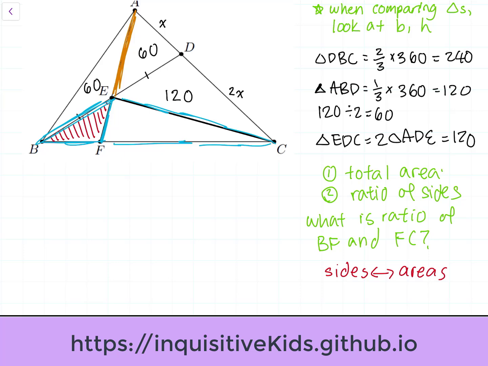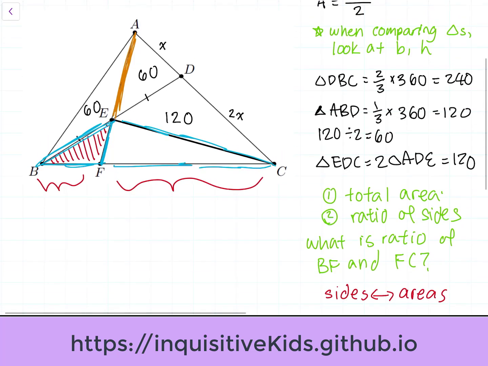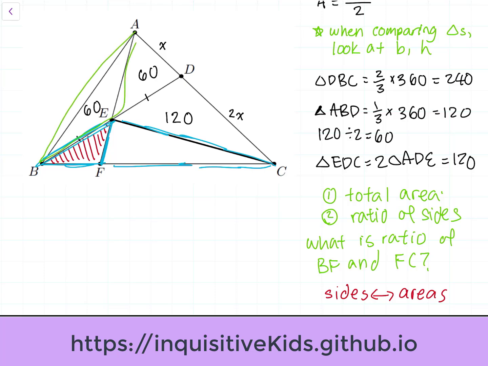And do you spot another pair of triangles that also use the same bases, BF and FC? Take a minute. What other pair of triangles do you notice? Well, you will notice that another pair of triangles that also use the exact same bases is the triangle EBF and triangle ECF, right?